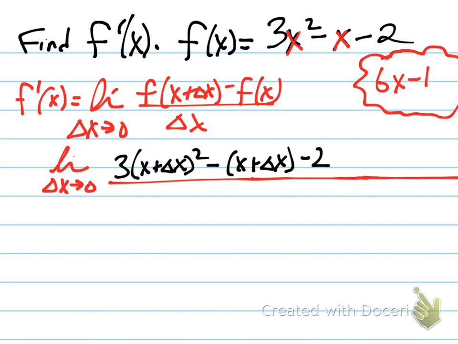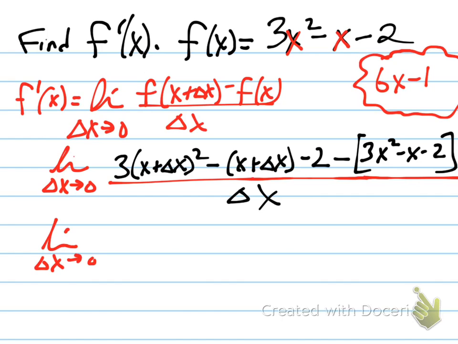That's the first part of the difference quotient, minus the original function, f of x, so minus, in brackets, 3x squared minus x minus 2, all over delta x. So quite a monstrosity there. So the limit continuing as delta x approaches 0.